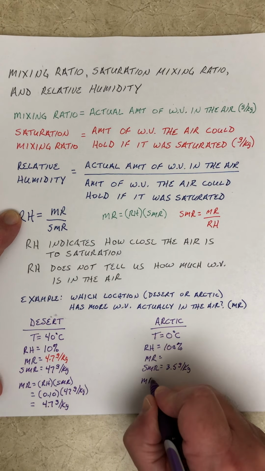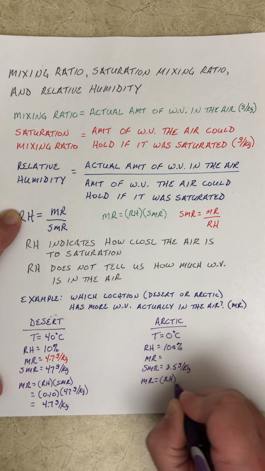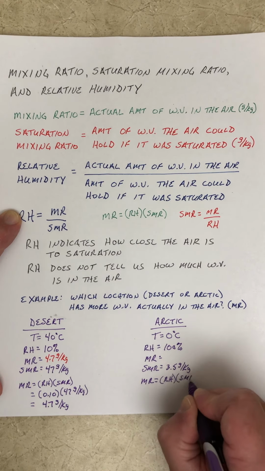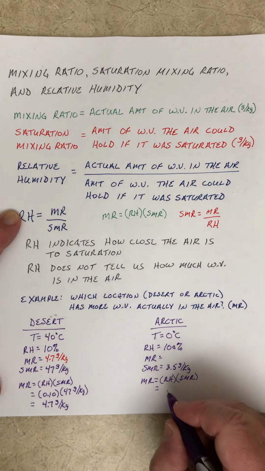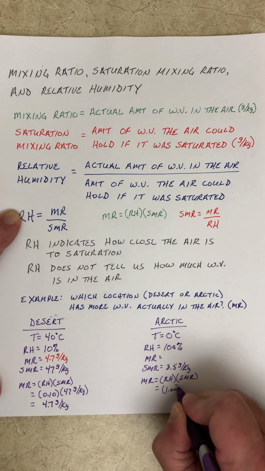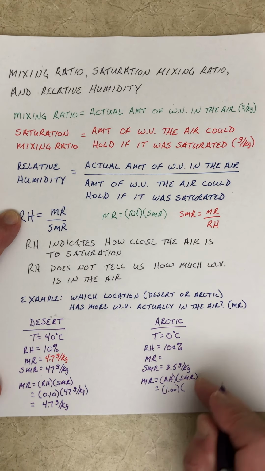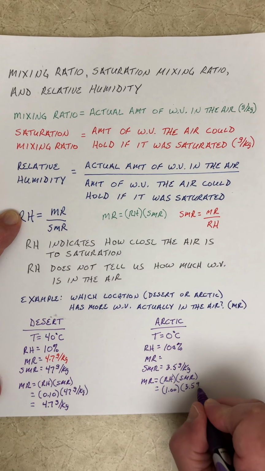In the Arctic, again, our mixing ratio is equal to the relative humidity times the saturation mixing ratio. Our relative humidity is 100%. If we put that in decimal form, that's 1.00 times the saturation mixing ratio of 3.5 grams per kilogram.